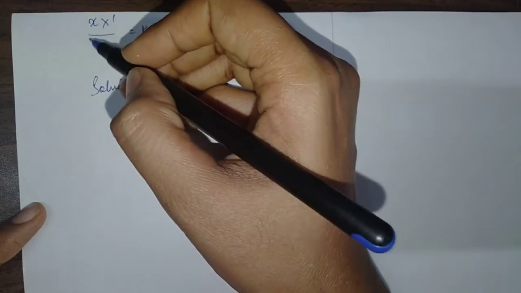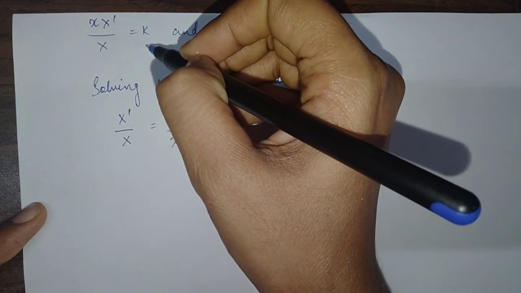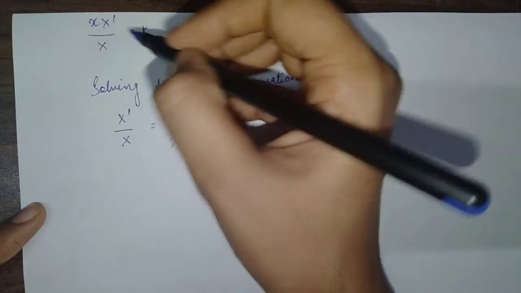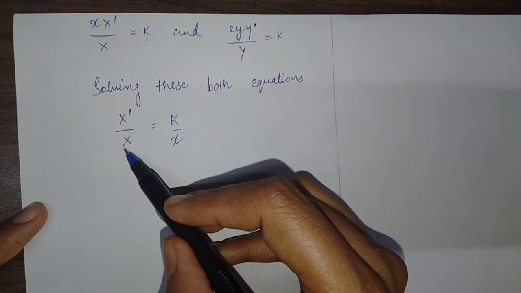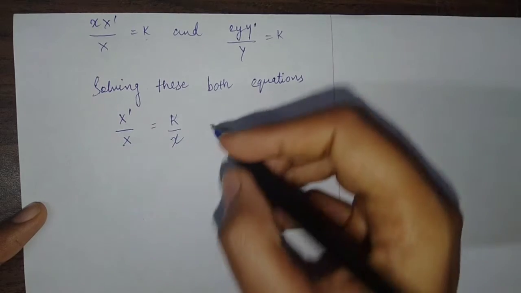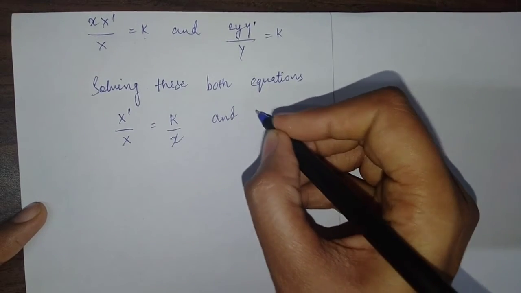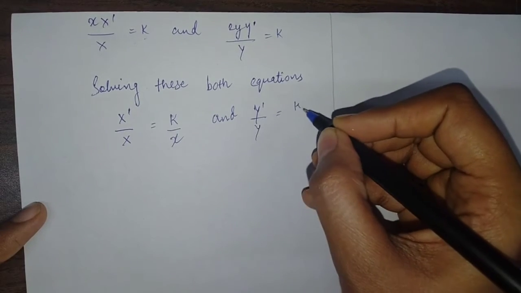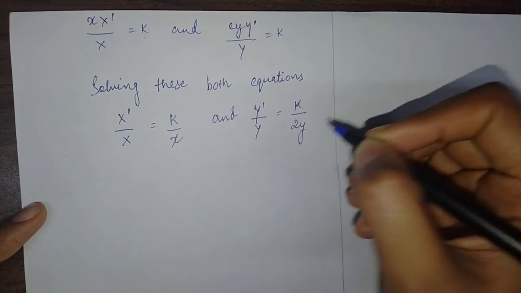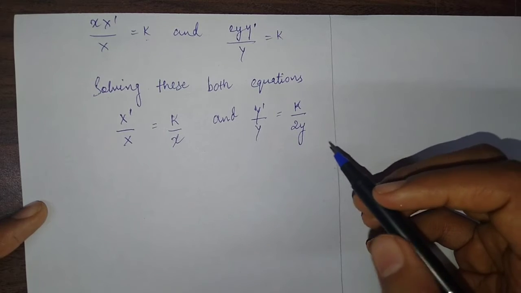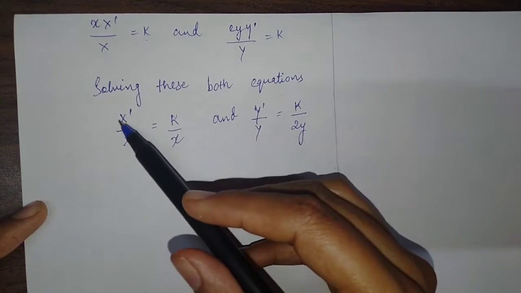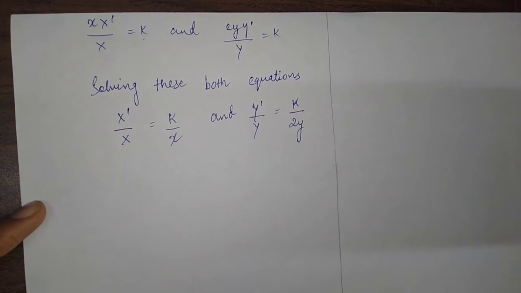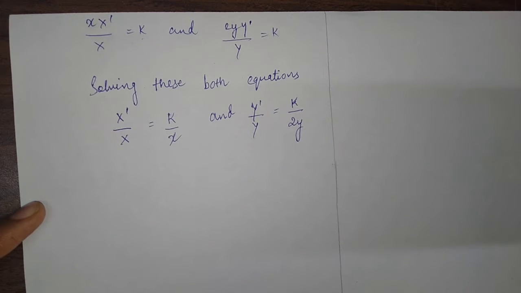This x, which was on the left, I have transferred to the denominator of k, so it will be X dash by capital X equal to k by x, and similarly here we get Y dash by Y equal to k by 2y. So in short, I obtained X dash by X and Y dash by Y. Now what will we do? We will take integration.